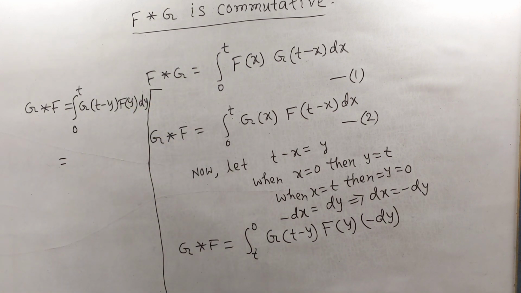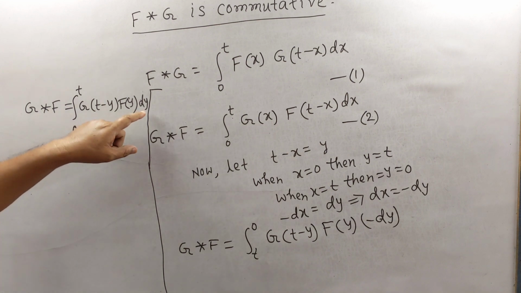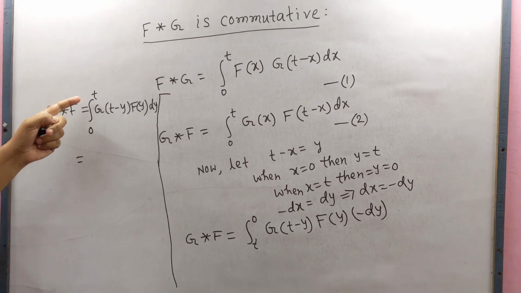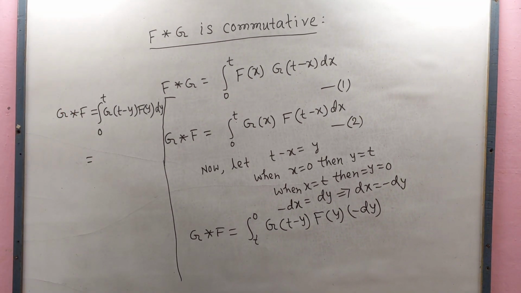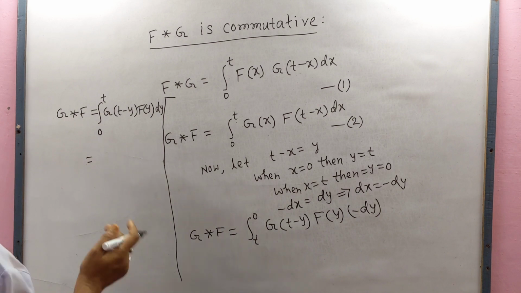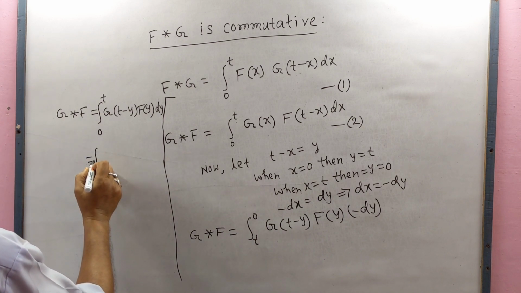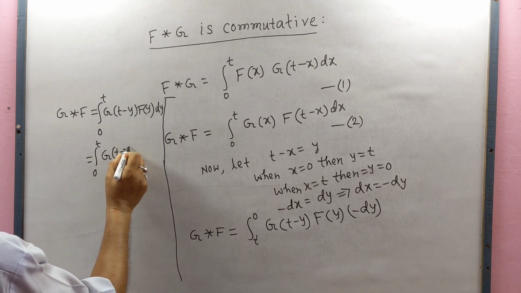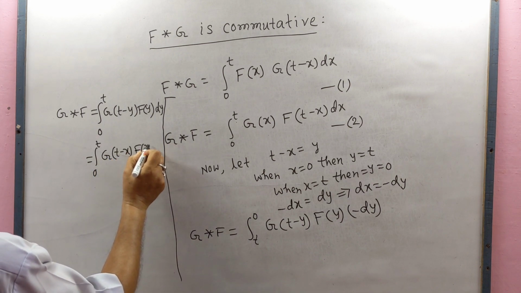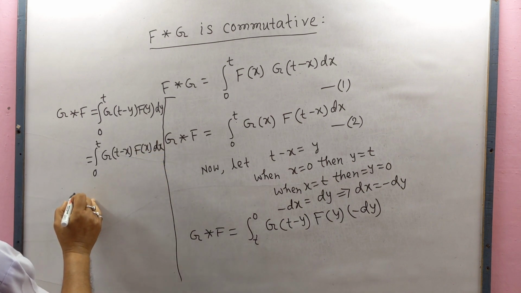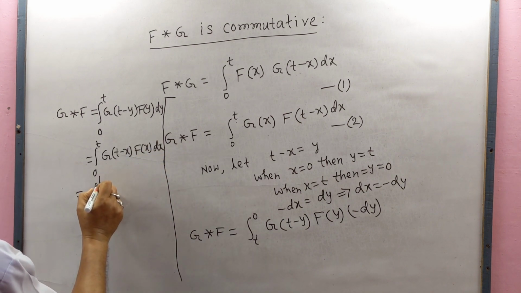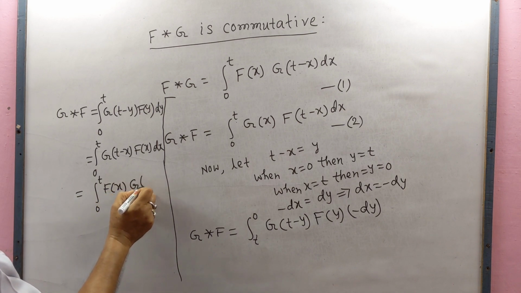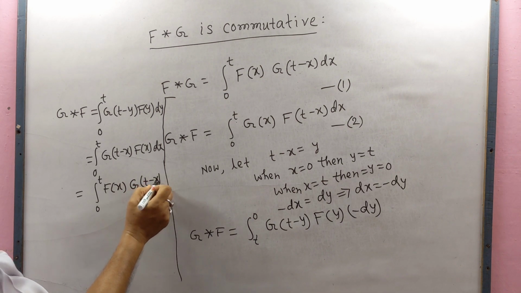equal to, now we replace the variable y by x as it is a definite integration. So we may replace the variable, so this 0 to t g(t minus x) f(x) dx equal to 0 to t f(x) g(t minus x) dx.